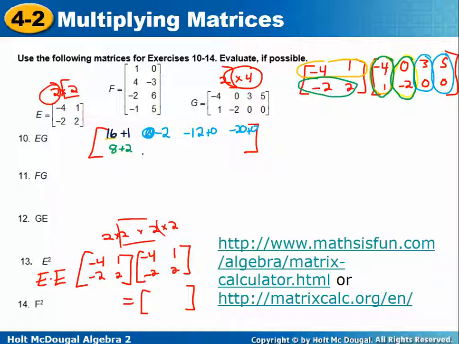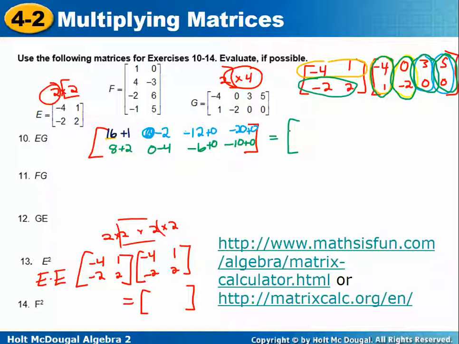So negative 2 times 0 is 0, 2 times negative 2 is negative 4. And then we have negative 2 times 3 plus 2 times 0. The zeros make it easier to do this math. And then negative 2 times 5 is negative 10, and then again we have a 0 there, because 2 times 0. And now I'm ready to simplify what I have.